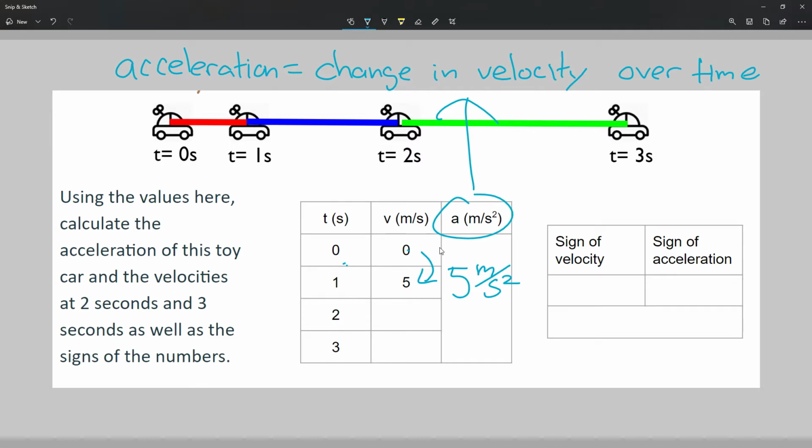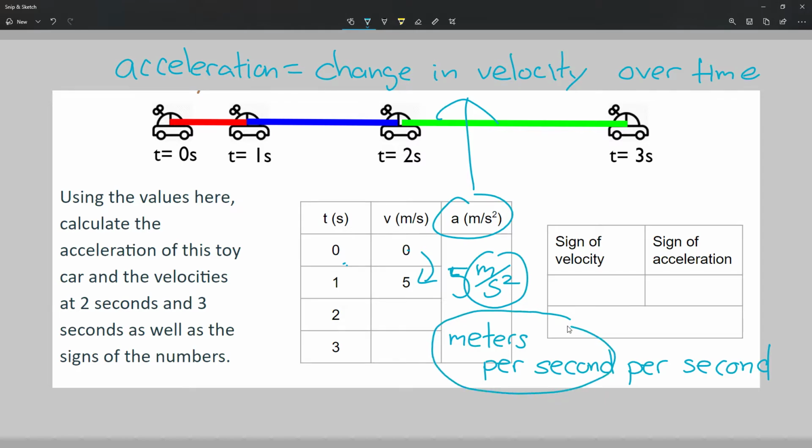Now, this unit right here is meters per second, and that's why it's squared. My velocity changes by this amount of meters per second every second.